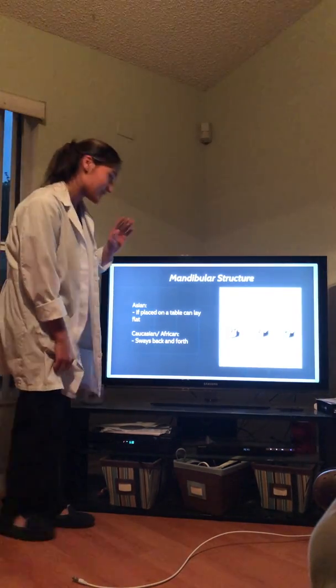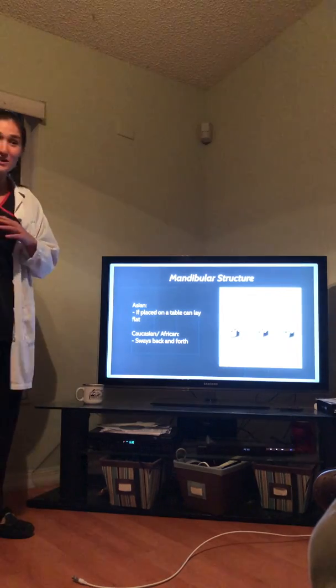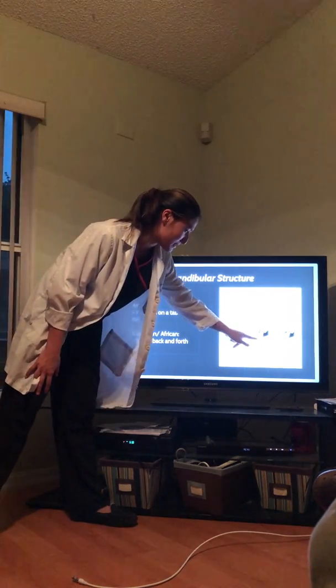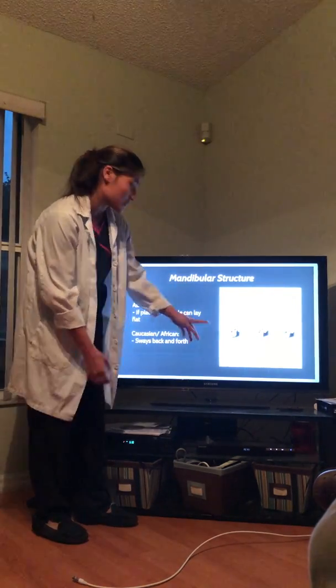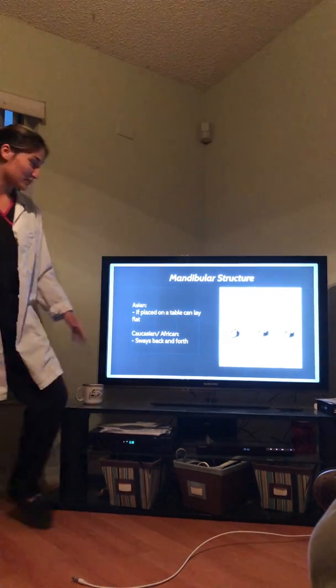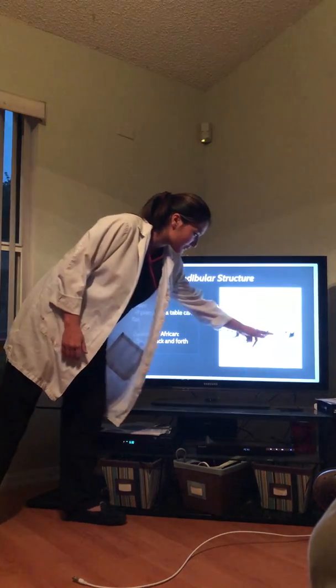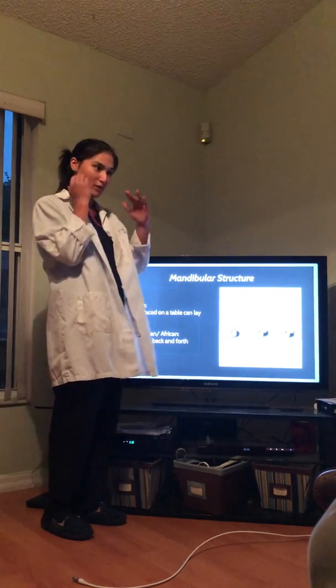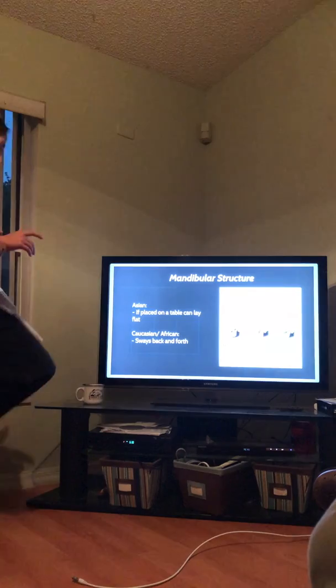So it's pretty easy to identify an Asian because of this aspect. However, if you're trying to identify the difference between a Caucasian and an African person, it's a little bit more difficult because both of them kind of slant upwards, causing that swaying motion.